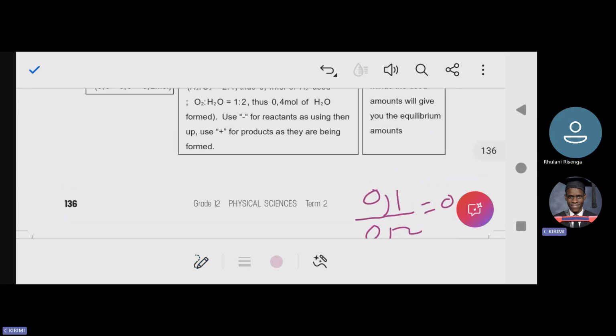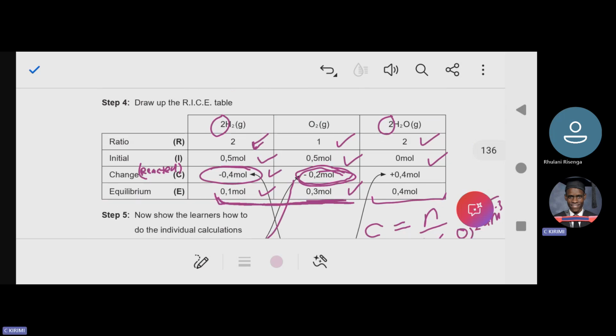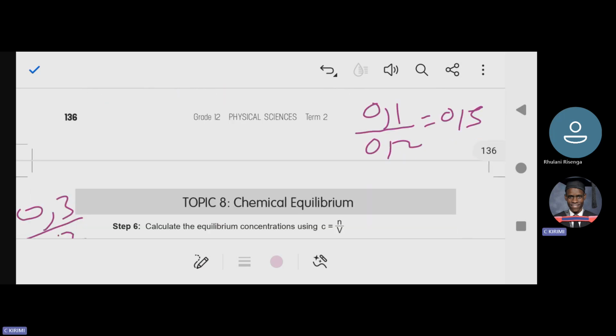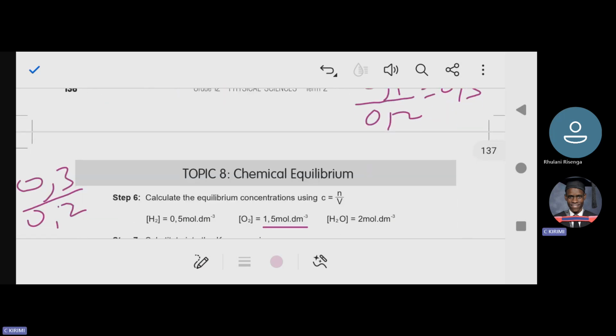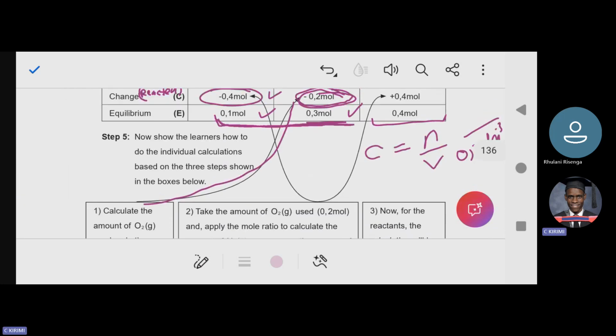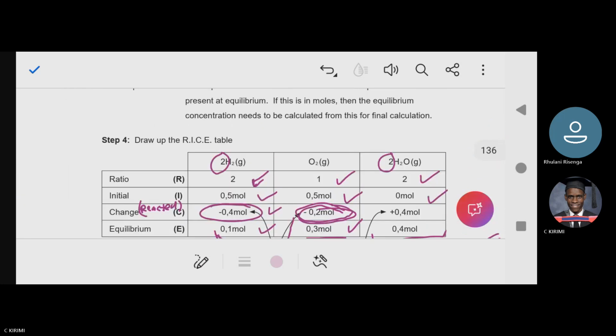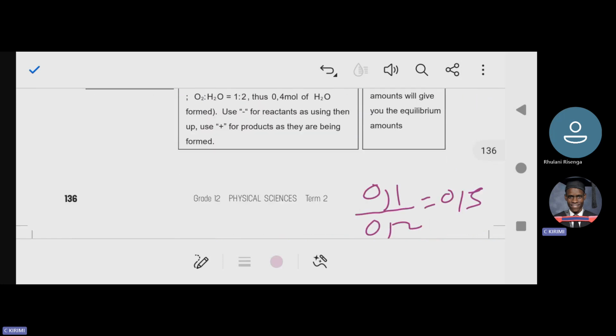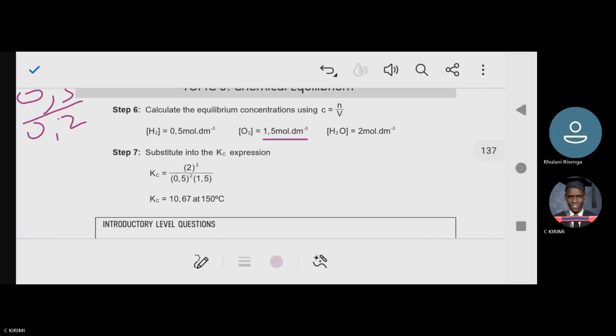Then lastly, for water, 0.4 divided by 0.2, which is double, 2 moles per dm³. So you take the products, which means hydrogen and oxygen, you multiply, then the concentration of products.